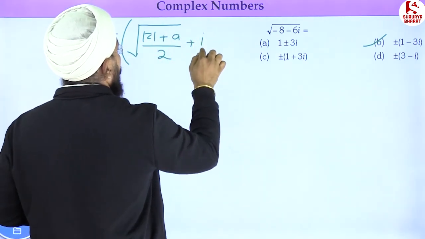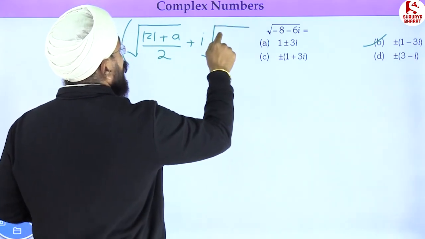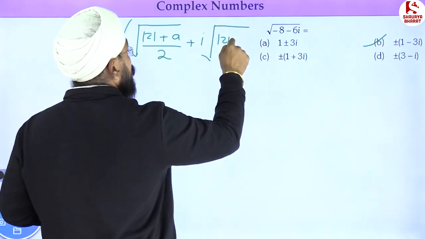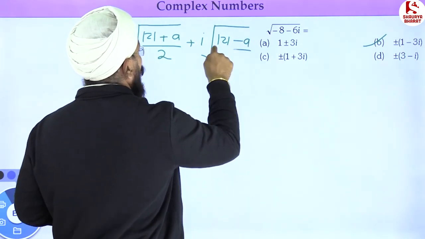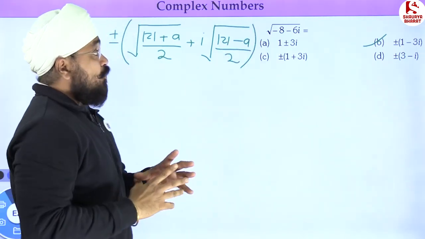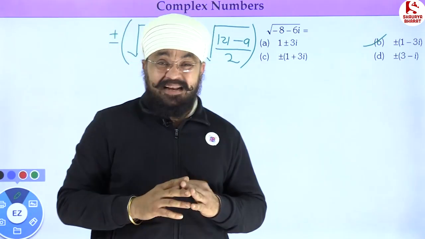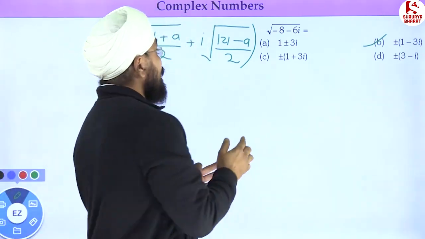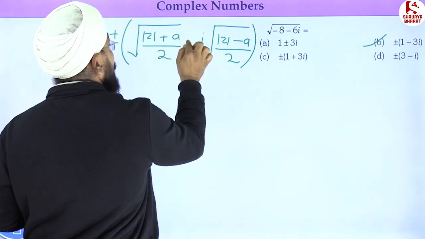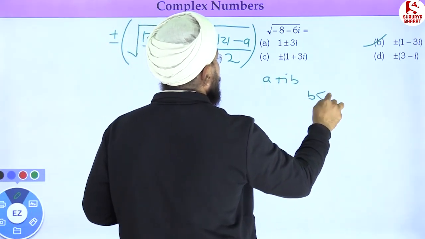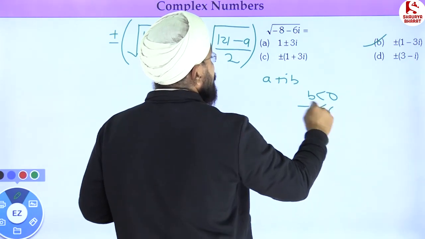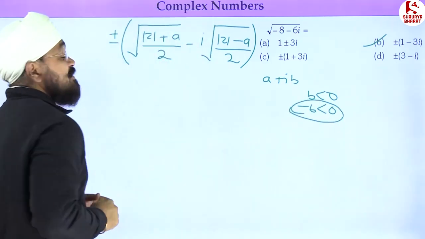What we have to see is that b was negative here. If b is less than 0, here we have minus 6, which is less than 0, so the formula will change and I put the minus sign, because in a plus iota b, b is negative.